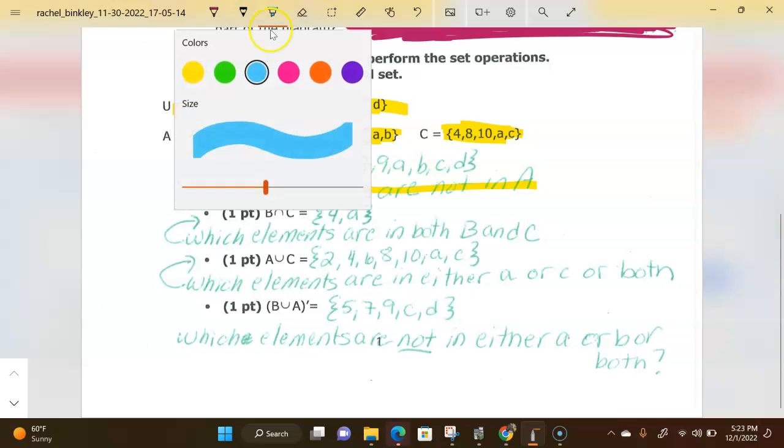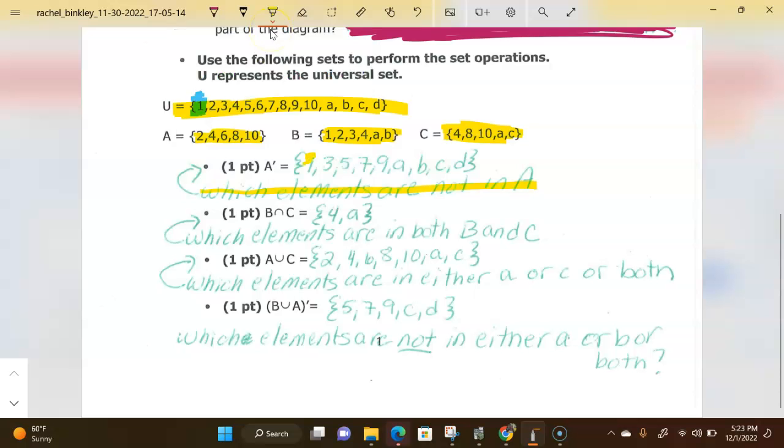So I put 1 because it's not in A. Then I said 2, right? The next one in the universal set was 2. And I said, is 2 in A? And 2 is in A, so I could not add that to my set that was not A. And that's how we read that tick mark. It was not A, right? So the rest of the elements that are not in A, but are in the universal set, are 1, 3, 5, 7, 9, 8, B, C, and D. So all of the letters, because the subset A did not have any of the letters.